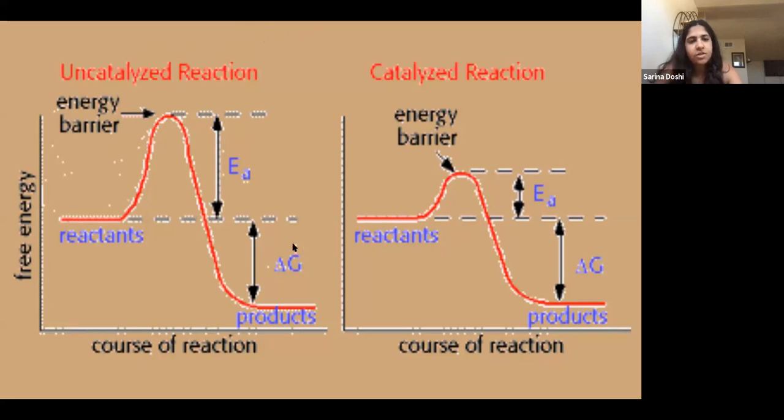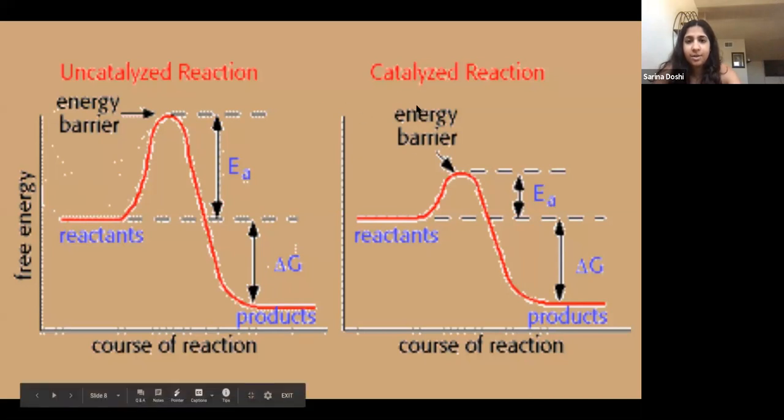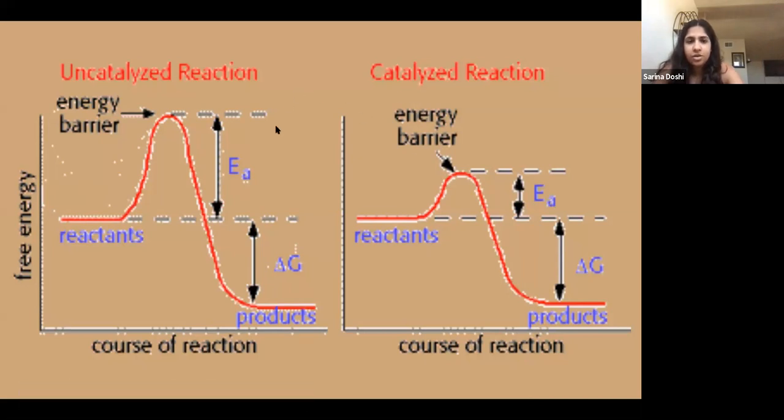Okay, so the first graph, we have an uncatalyzed reaction with an energy barrier at the top. That's kind of like the max energy that you would need. Then you have the reactants and products, as you know. So we have the same thing in this catalyzed reaction, except one thing you should note is the energy barrier is a lot lower. So the thing that specifically changed is the EA, the activation energy.